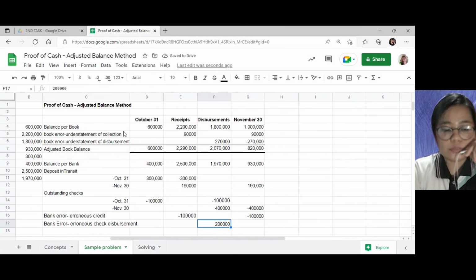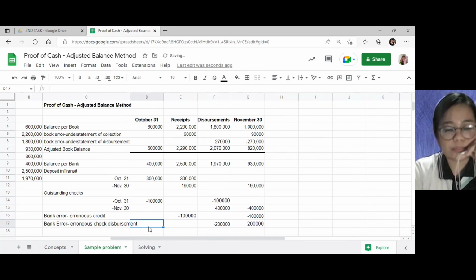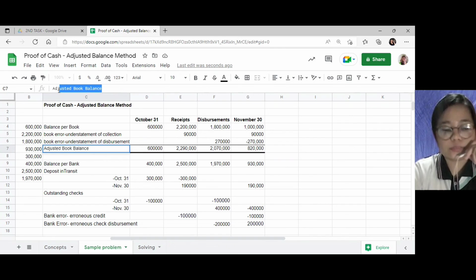So kung check disbursement yan, dinebit niya, ibig sabihin understated naman this time ang ating bank balance. So what we have to do here, we need to add back. So asan siya mag-a-affect? Is it affecting your receipts or your disbursement? Okay, so tama, it is affecting your disbursement.